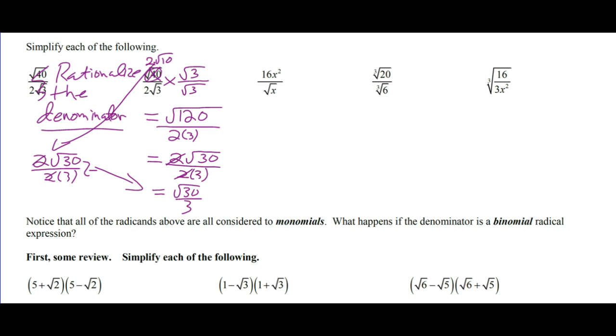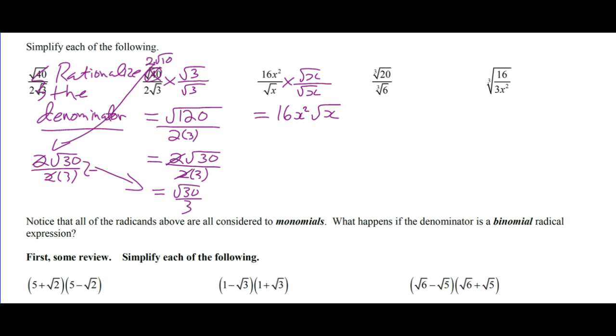16x squared over root x. What do I multiply by? Root x over root x. So up top, what do we get? We get 16x squared root x, right? 16x squared root x.